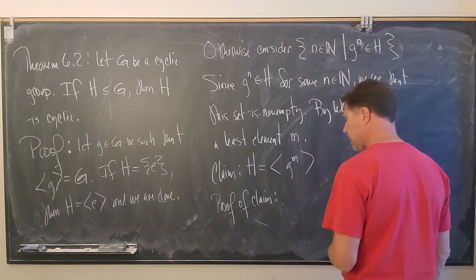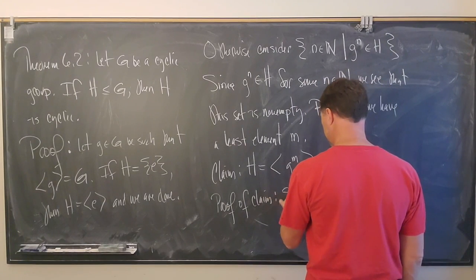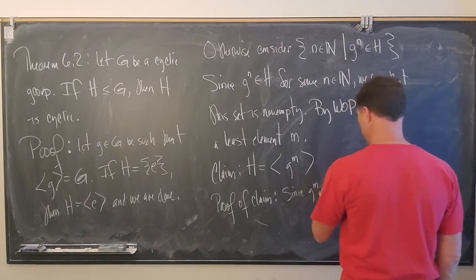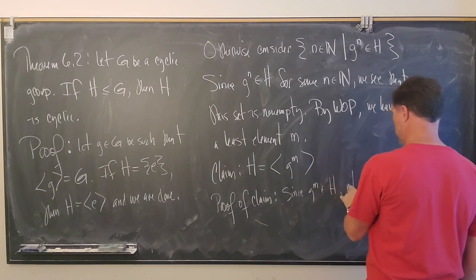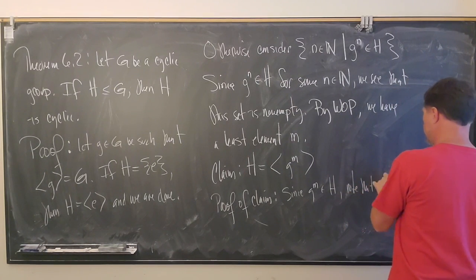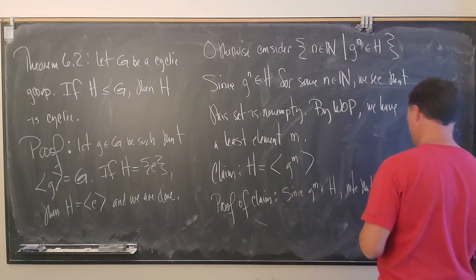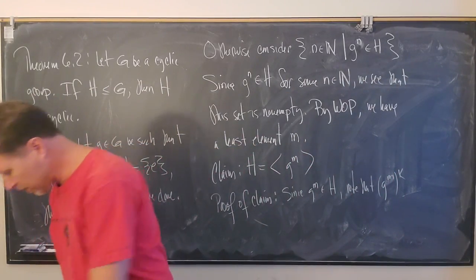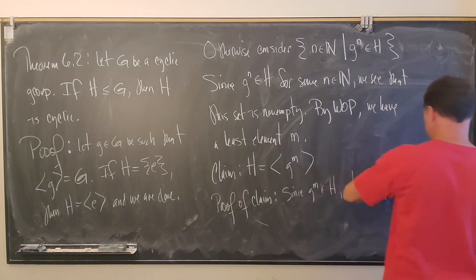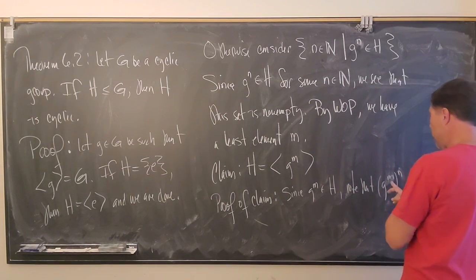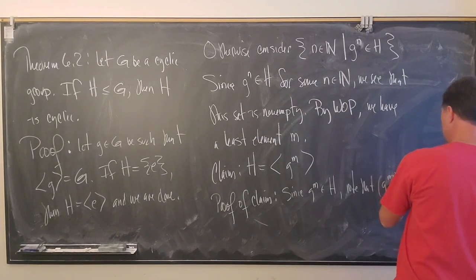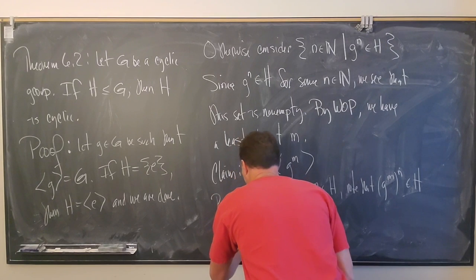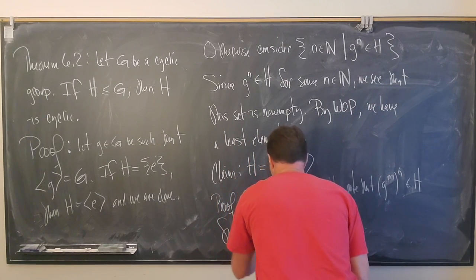let's first note this. Since g to the m is an element of H, note that g to the m raised to the n is an element of H for all integers n.